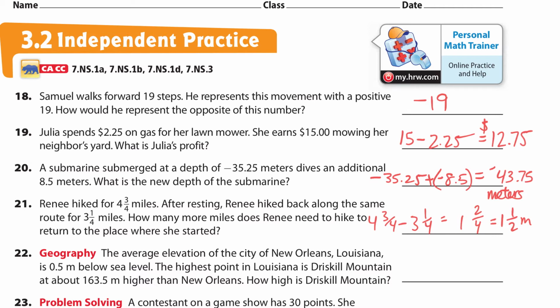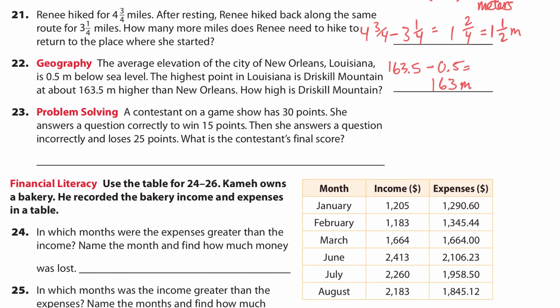Well, that's not so bad. What we have is 163.5 minus 0.5, which is equal to 163 meters. M for meters. There you go. Okay, let's get going with this here.